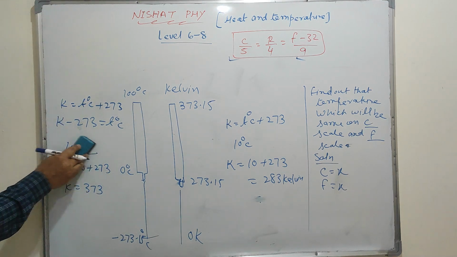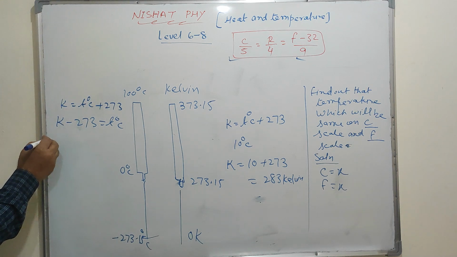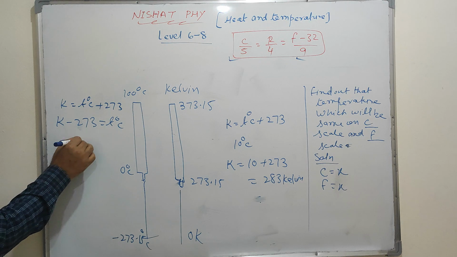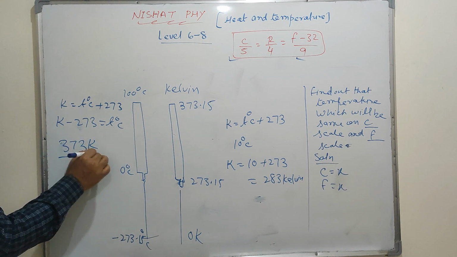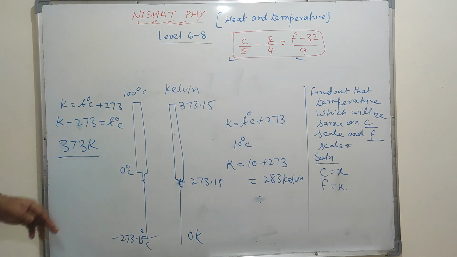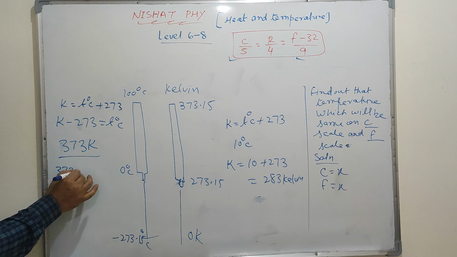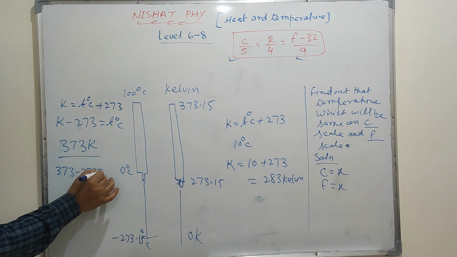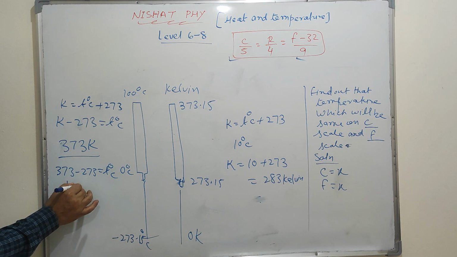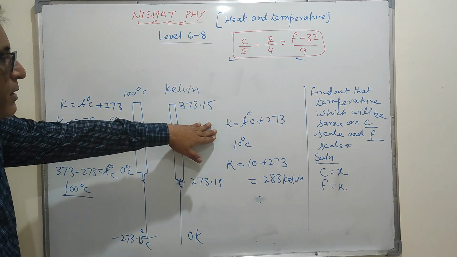One more thing. Suppose you have been given 373 Kelvin. Convert into degree Celsius. Then what do you have to do? Kelvin 373 minus 273 equals T degree C. It means 100 degree C. So the main formula is this.